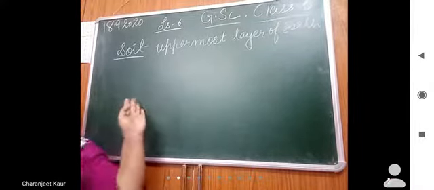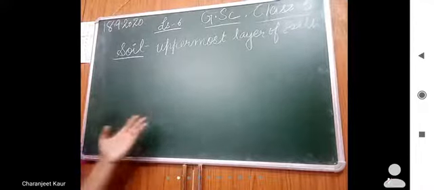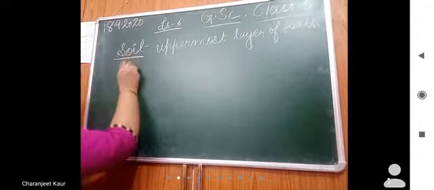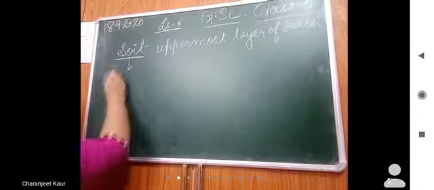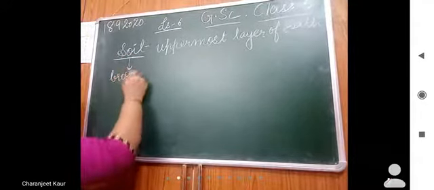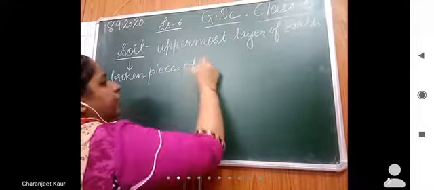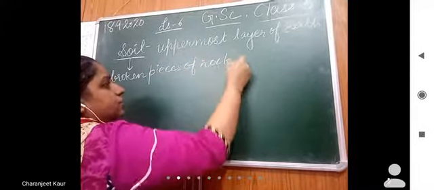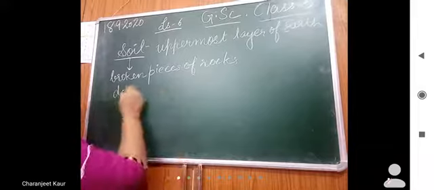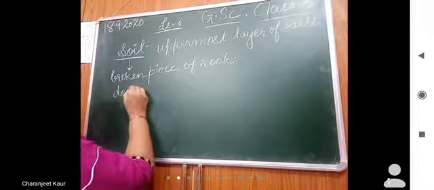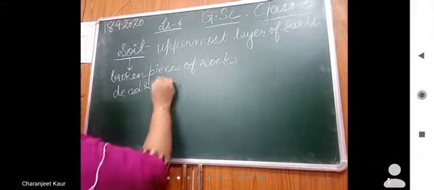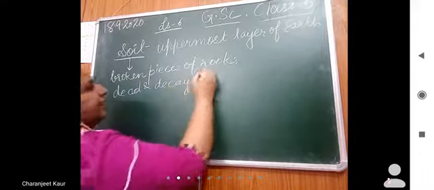Now, of which material soil is made up of? It is made up of broken pieces of rocks. किससे बनी है soil? It is made up of broken pieces of rocks, dead and decaying plants and animals, right?